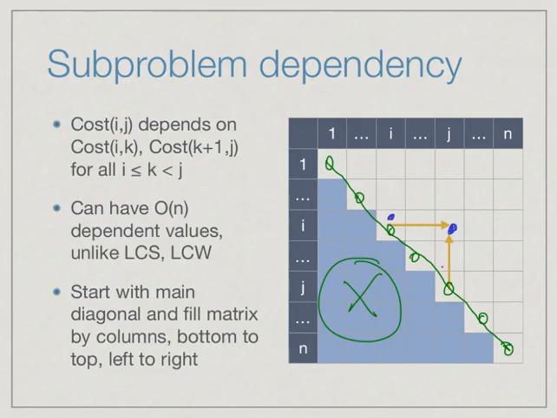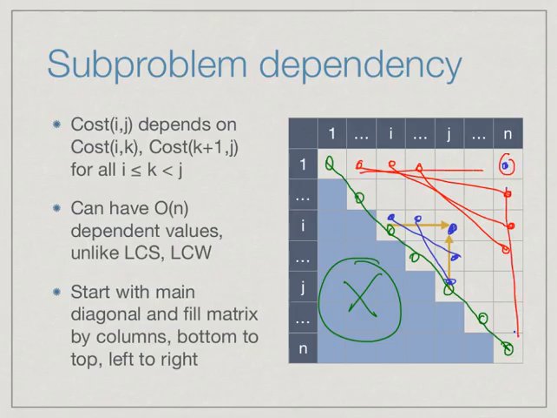So these two entries I have to sum up. Otherwise, I have to take this entry and sum it up with this entry. So in general, if I choose this entry as my k point, then I must add this entry and take this sum. Or I have to take this entry and add this entry and then add this, and so on. So in general, we could have order n values I need to compute. For this, I need all the values here and I need all the values here. So I need something to the left and to the bottom.